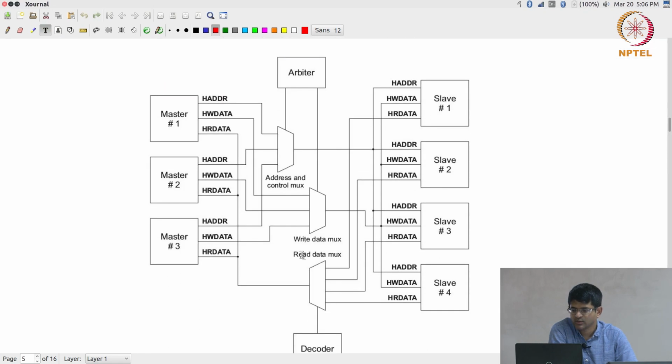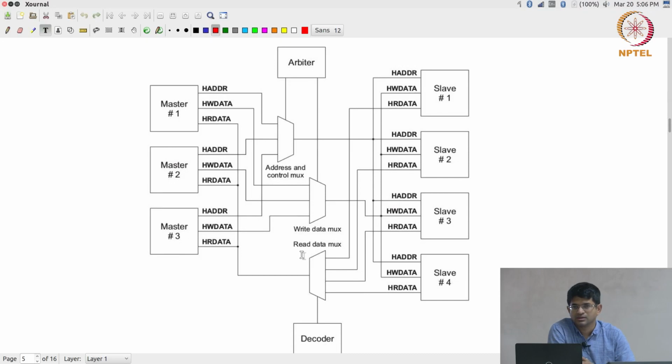But before that, let us just quickly look at what the structure of the bus would look like internally, right? Essentially what we are saying is I could have multiple masters, master number 1, 2, 3 and slave 1, 2, 3, 4, okay? It does not matter, I can increase or decrease any of these numbers as I want.